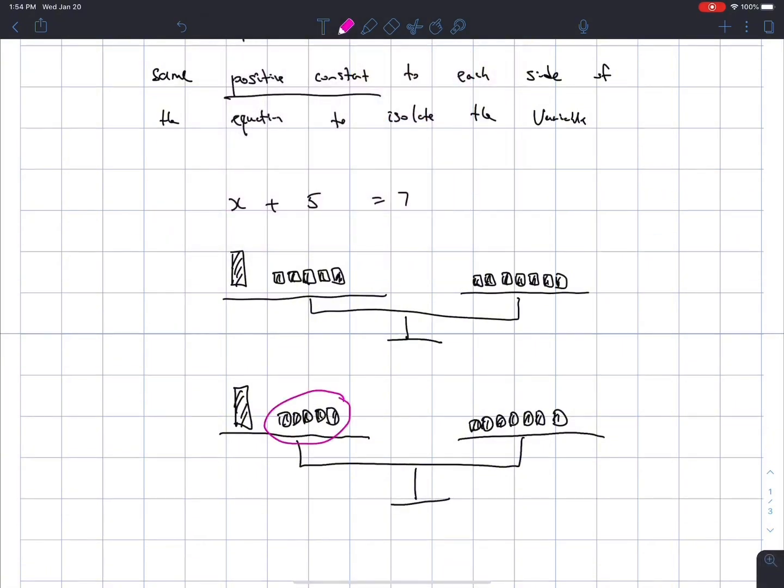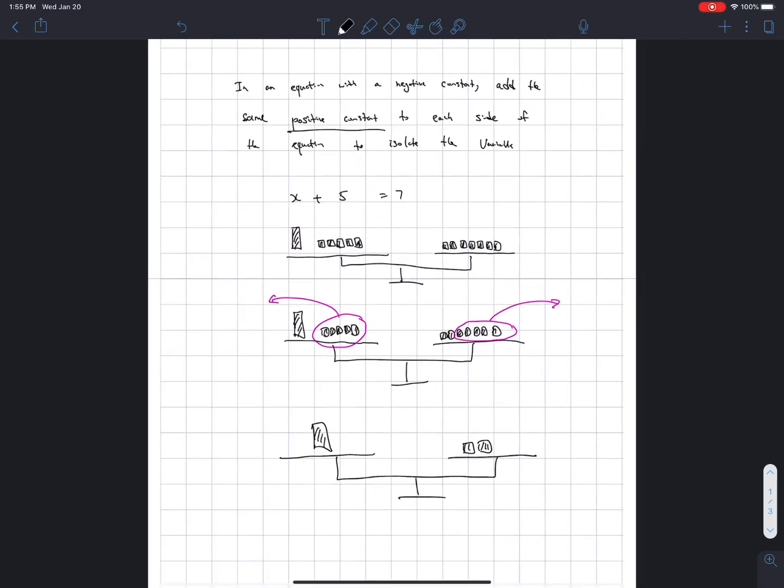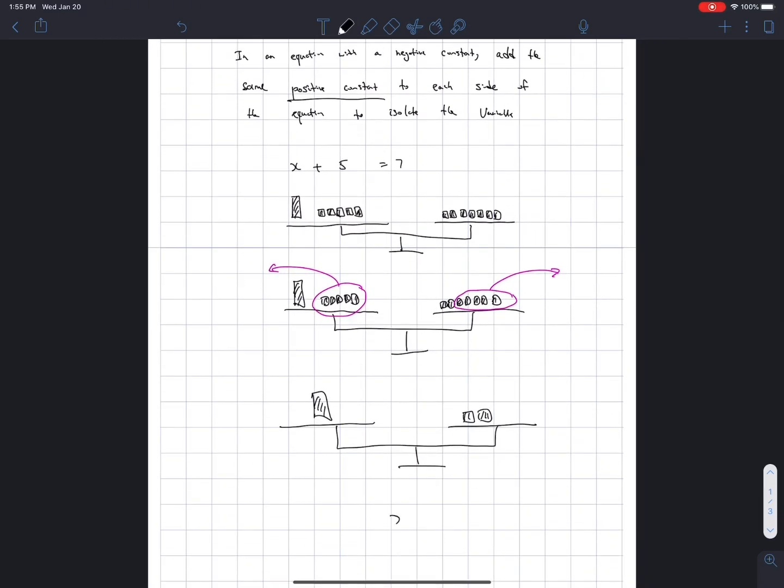We can totally just take this out and also take 5 out, then it should still be balanced because I have removed an equal amount on both sides of the scale. So now it's very clear that x must be 2.